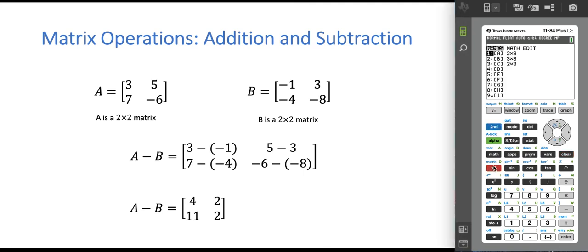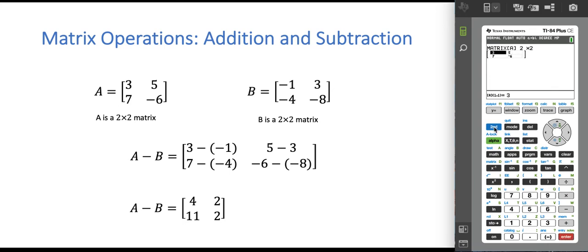So we're going to press second matrix, and we're going to edit matrix A. We'll make it a 2 by 2, and we'll put in these elements, which are 3, 5, 7, and -6.